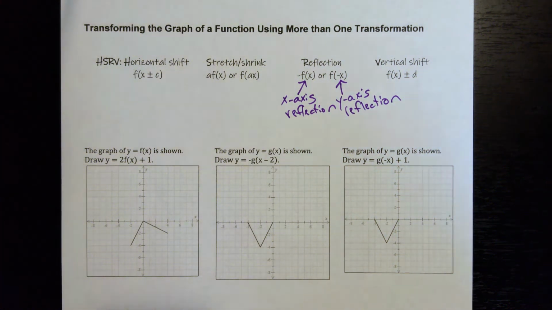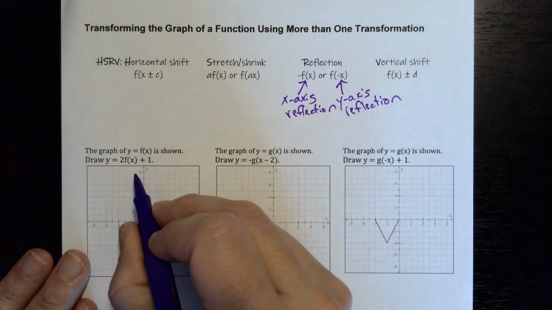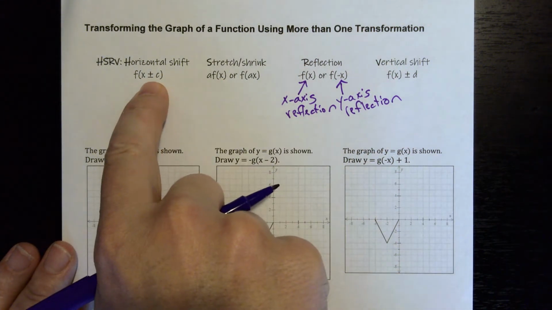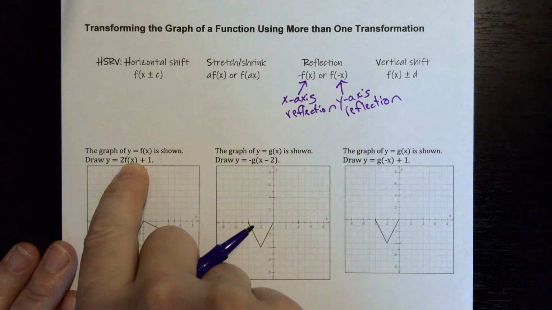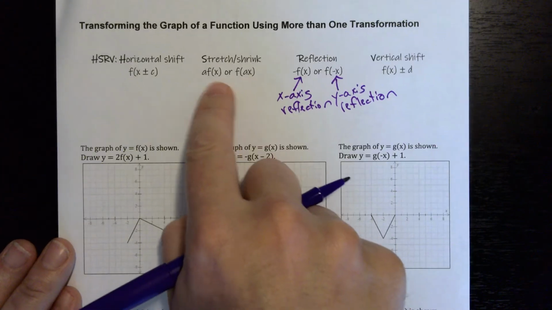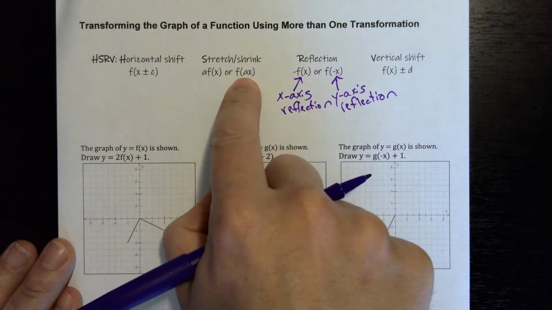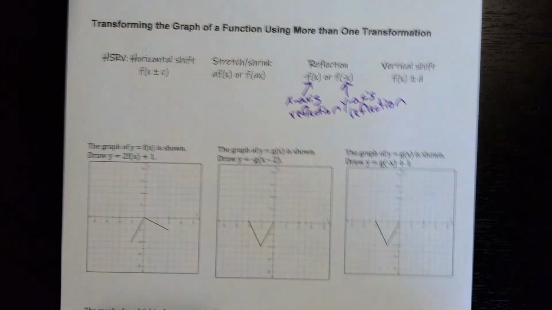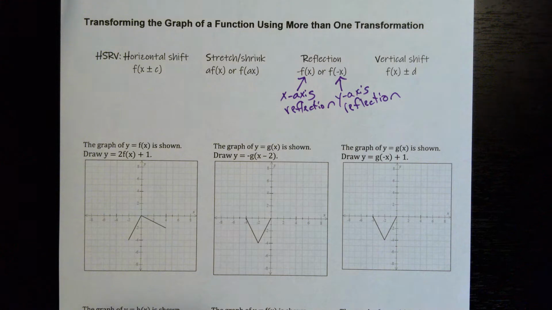We have f of x is shown. We want to find 2 times f of x plus 1. Okay, so do we have a number that's shifting on the inside? No, it's just the x. Do we have something that's being multiplied on the outside or the inside? Yes, we do. This one is being multiplied on the outside, which will be a vertical stretch or shrink, which means we will multiply our y-coordinate by 2.